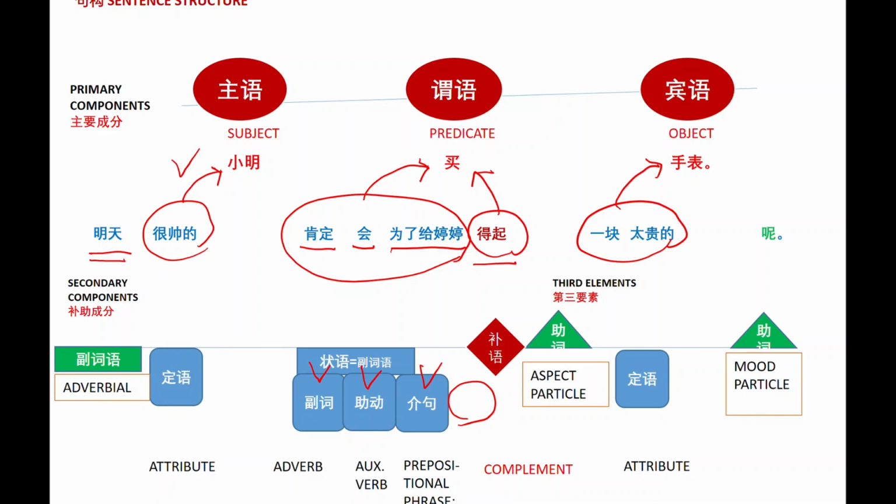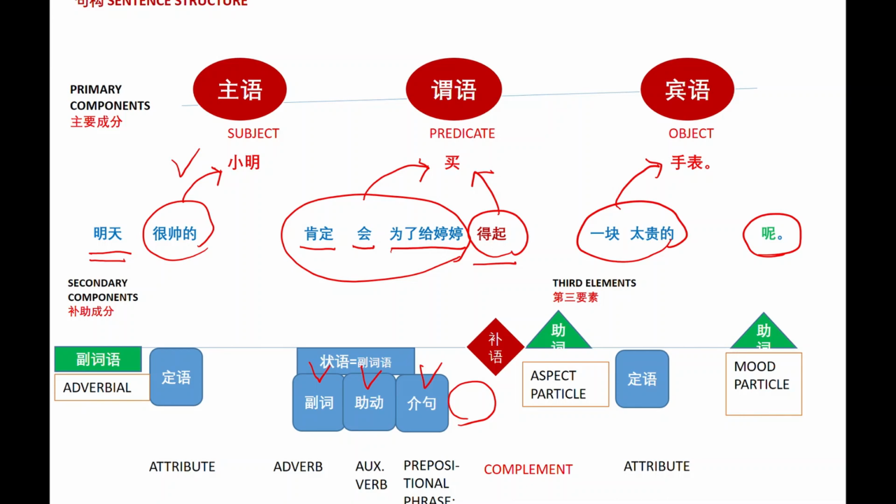Lastly, one more 助词, which is 呢, usually questioning, but here meaning confirming, assured, etc. So the complete sentence: 明天很帅的小明肯定会为了给婷婷买得起一块太贵的手表呢. Meaning: tomorrow the handsome Xiaoming will surely be able to buy an expensive watch to give Ting.